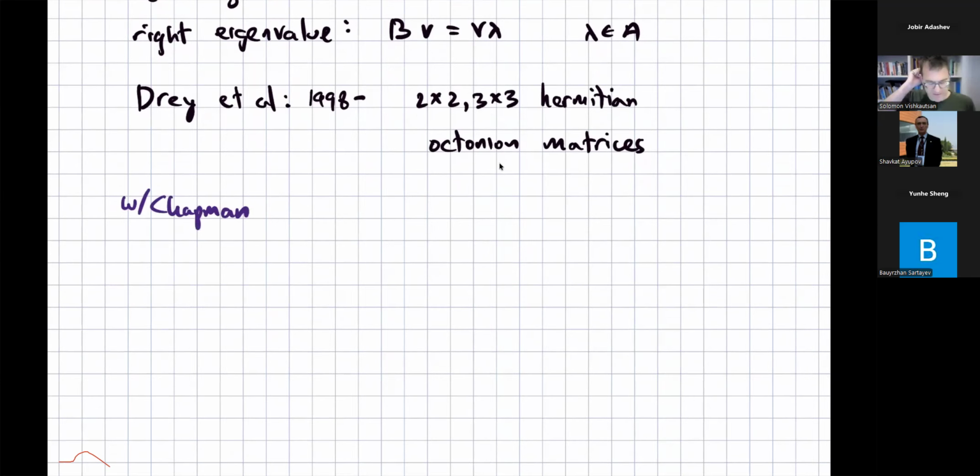And this was from a paper that was published in the special issue about left eigenvalues. So this is the first part of the eigenvalue talk, so left eigenvalues.